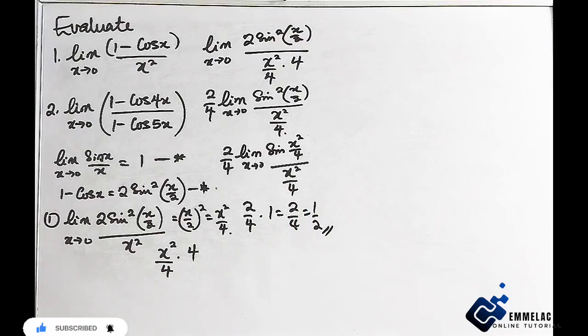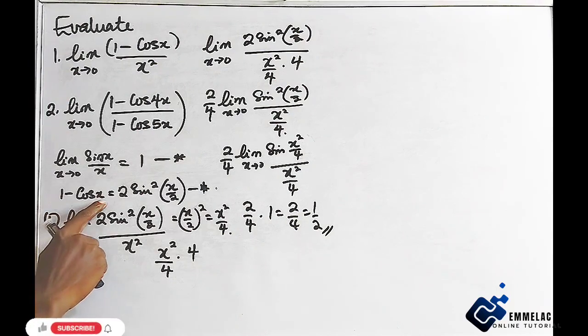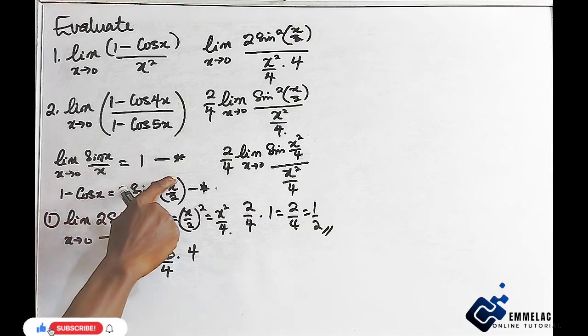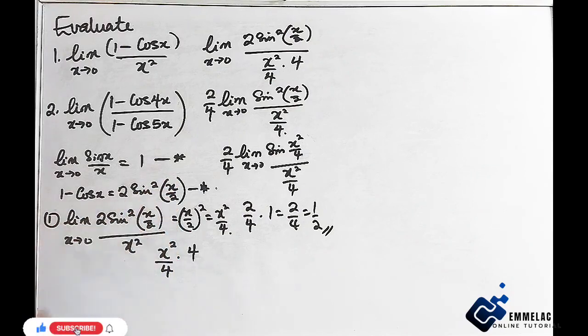Alright, now that we've gotten that, we get to solve the next one. Take note, earlier I said 1 minus cos x will give us 2 sine square x all over 2. This is just a trigonometric identity rule.